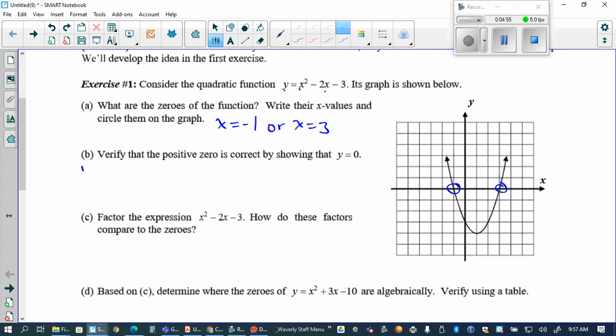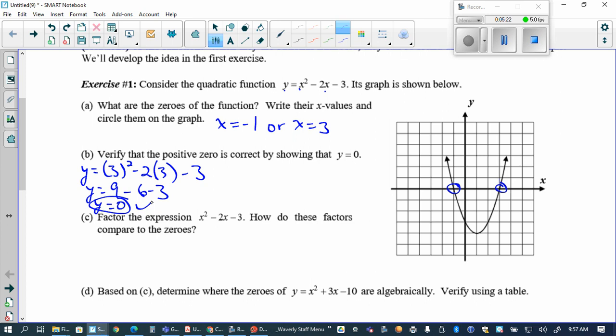So we'd have y equals what? 3 squared minus 2 times 3 minus 3. This becomes what? 9 minus 6 minus 3, which is 0. Okay? So 3 is a 0.